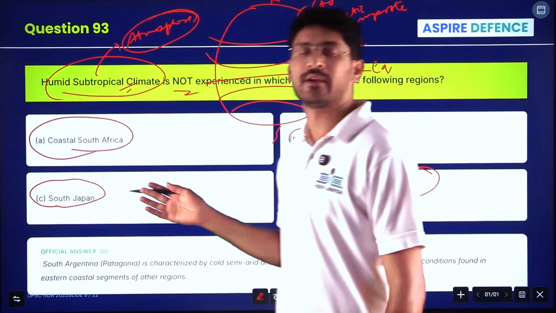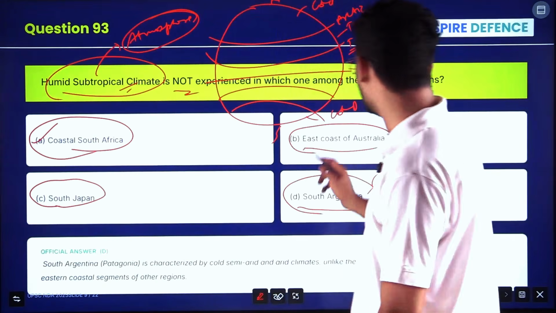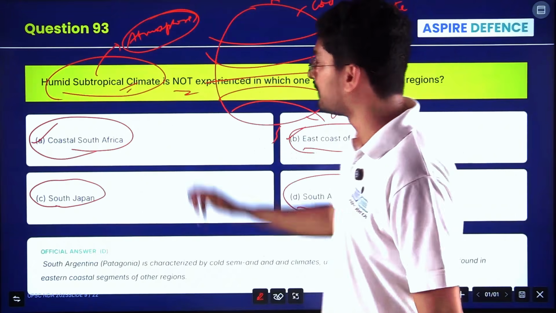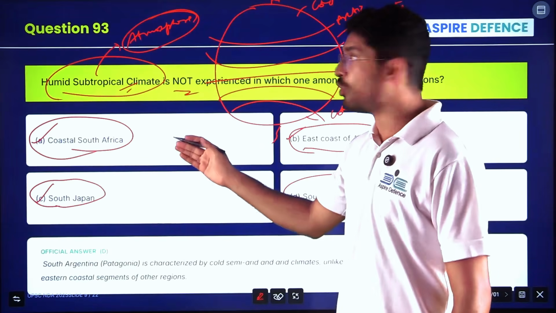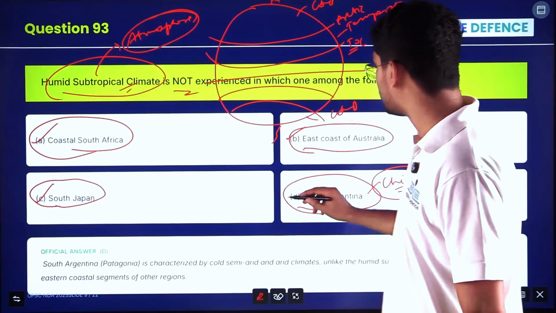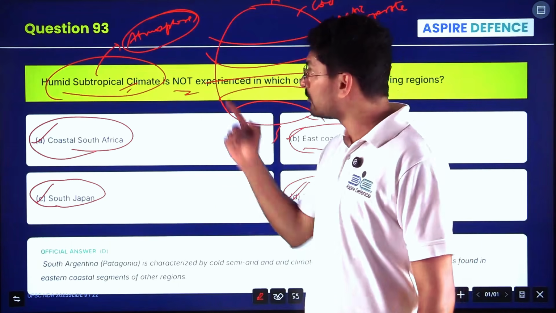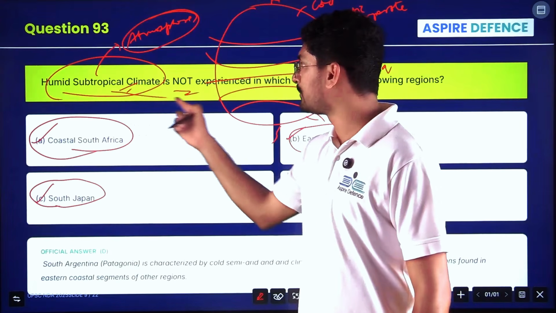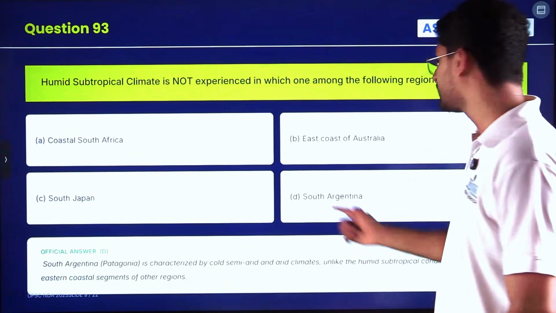Coastal South Africa is laden with moisture, so it is humid subtropical. East coast of Australia is also laden with moisture, and South Japan also subtropical. Argentina is very dry and cold arid, and this is not a humid subtropical climate. If you understand the types of climate and their characteristics, 1 or 2 questions' marks are yours. So the answer is southern Argentina, option D.